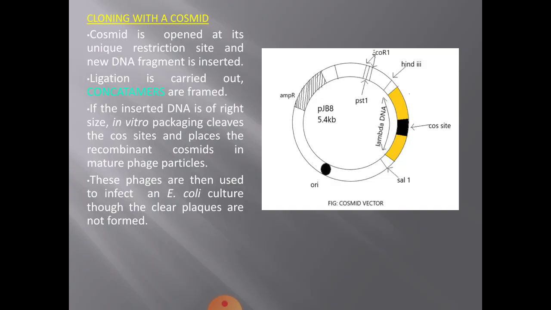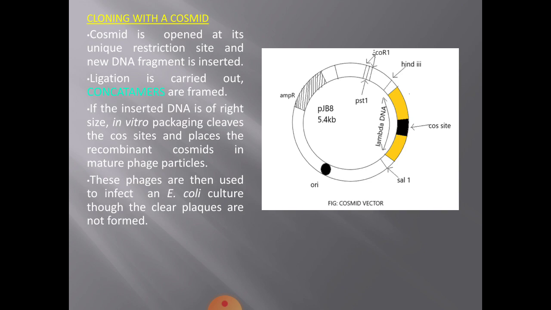It has 5.4 kb length, and you can see here one ampicillin resistance gene, and most important is the cos site, and then there is one region for HindIII and SalI. Whatever is marked here with yellow, only that region has been taken from lambda phage DNA. The rest is from plasmid. There is one ori of replication, and there is one site for EcoRI. So, this is how a typical cosmid looks.